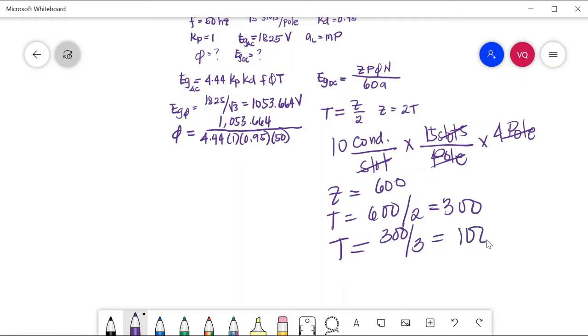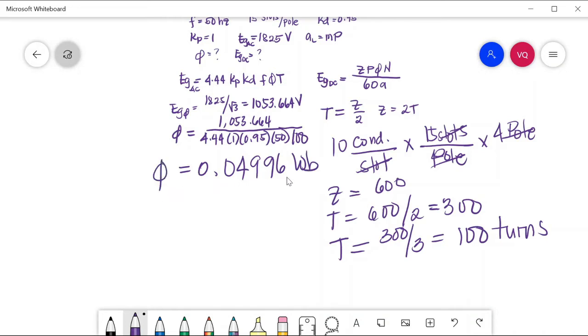So that is equal to 100 turns. So times 100. Our flux per pole now will be equal to 0.04996 Weber.